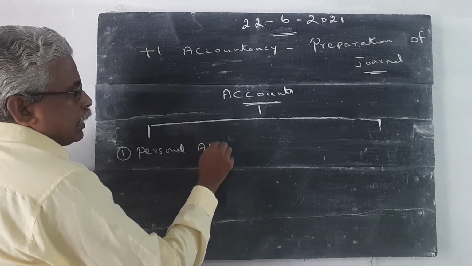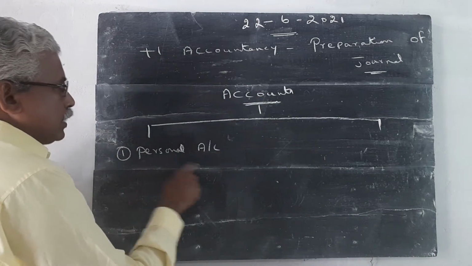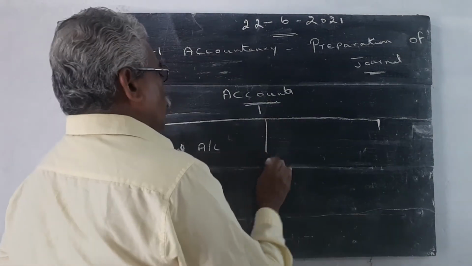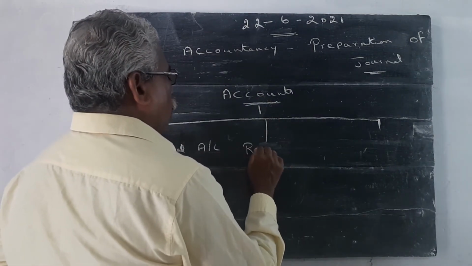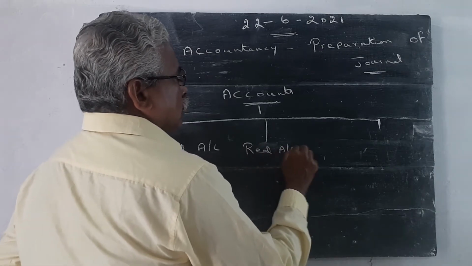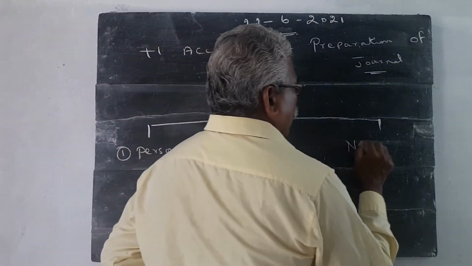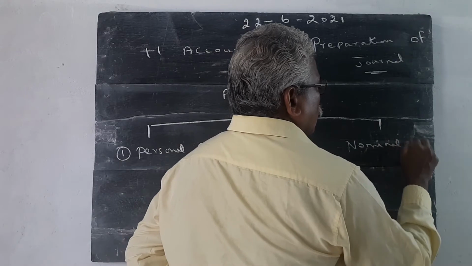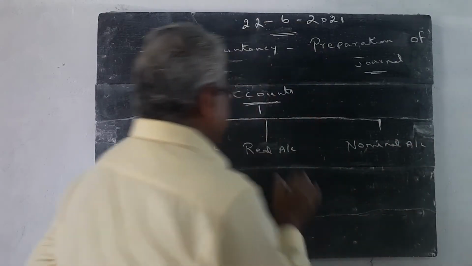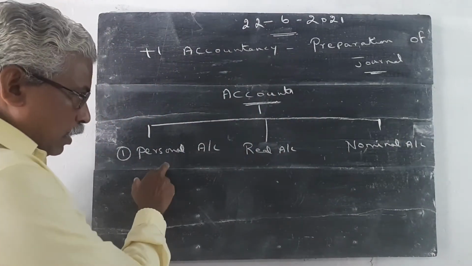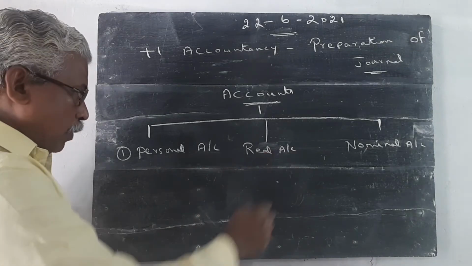A/c is the abbreviation for account. Number two, real account. Number three, nominal account. So, accounts are classified into three: personal account, real account, nominal account.